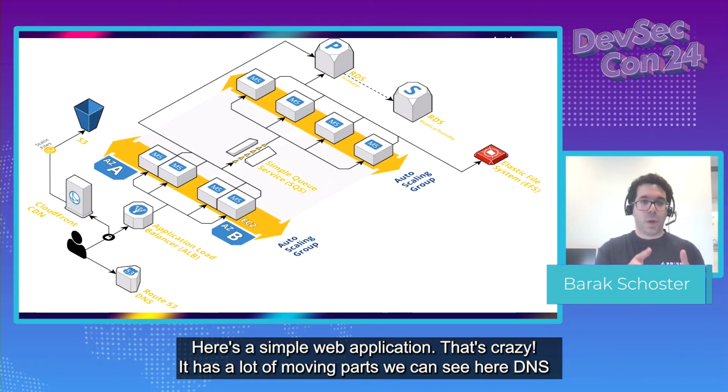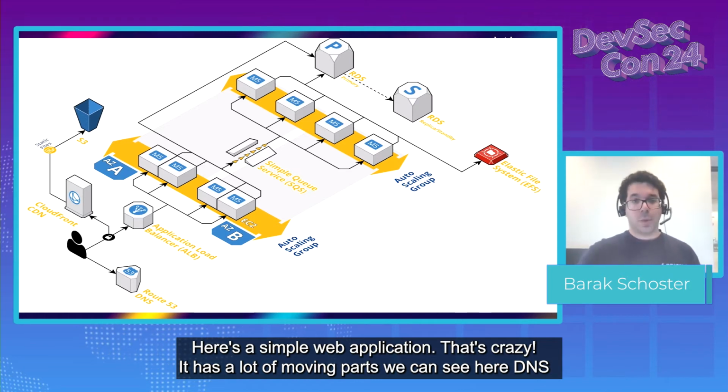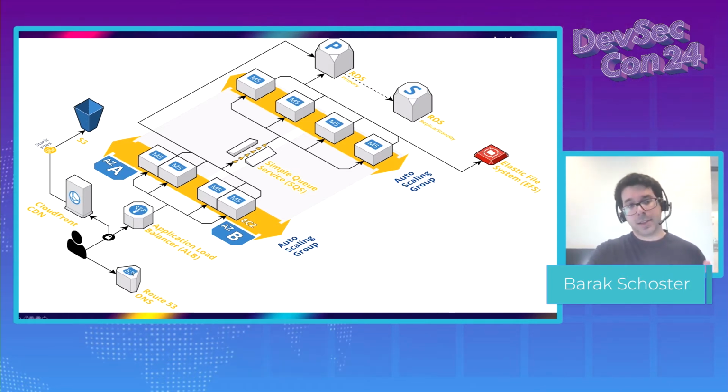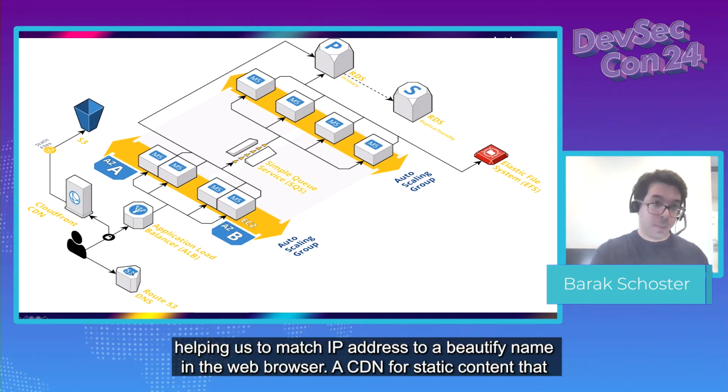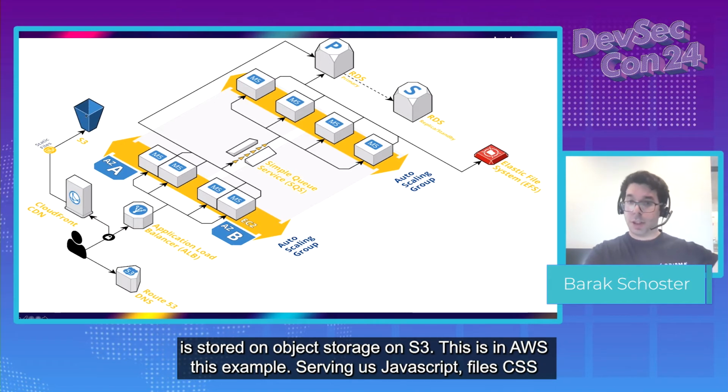Here's a simple web application. That's crazy. It has a lot of moving parts. We can see here DNS helping us to match an IP address to a beautified name in the web browser, a CDN for static content that is stored on object storage on S3.